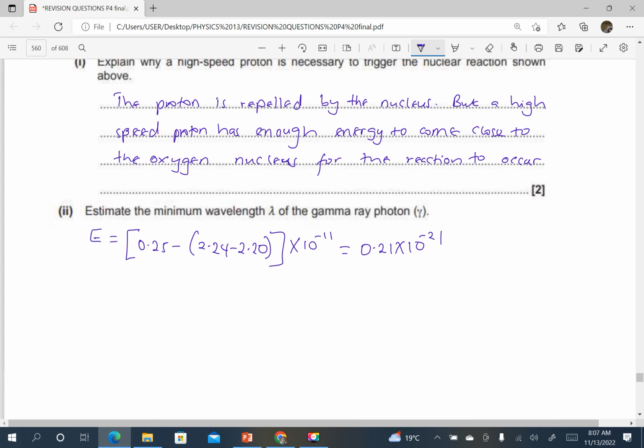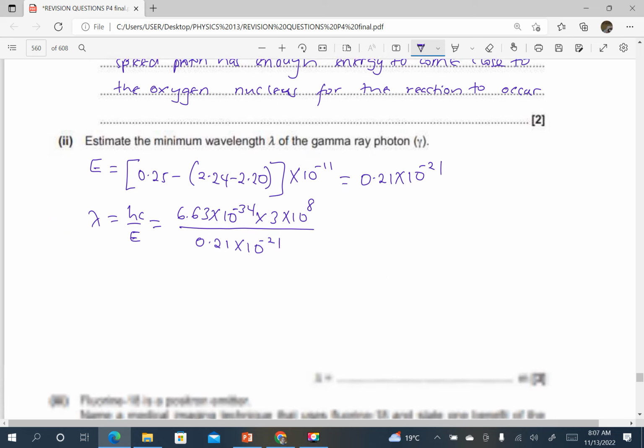That is the energy. So we know that for the gamma ray, the wavelength is equal to hc over the energy, which is going to be 6.63 times 10 power negative 34, then times 3 times 10 power 8, divided by the energy, which is 0.21 times 10 power negative 21.